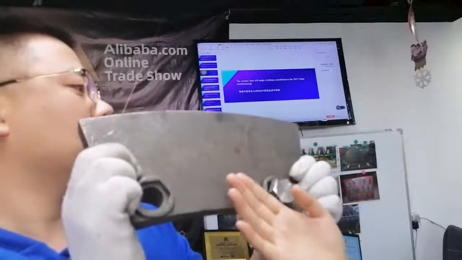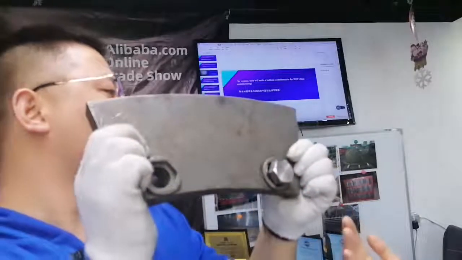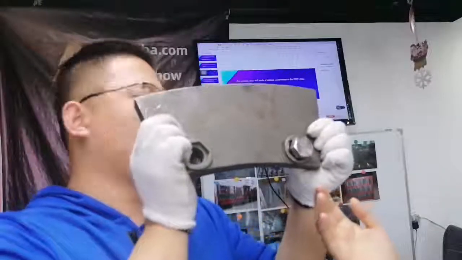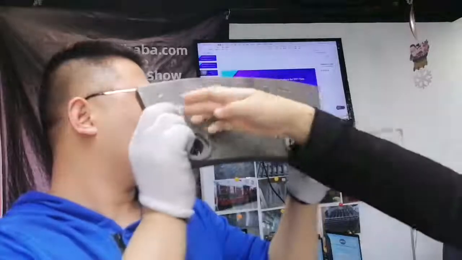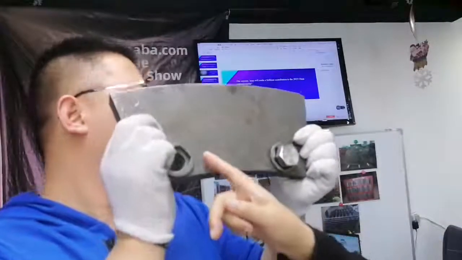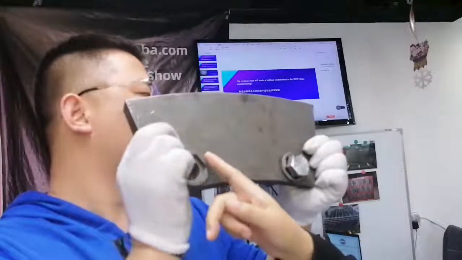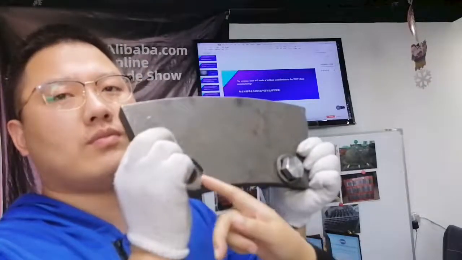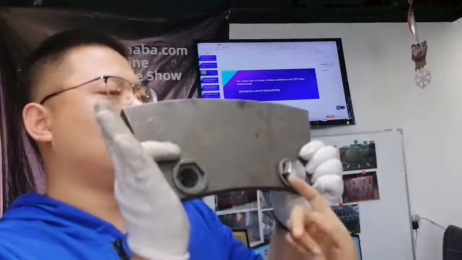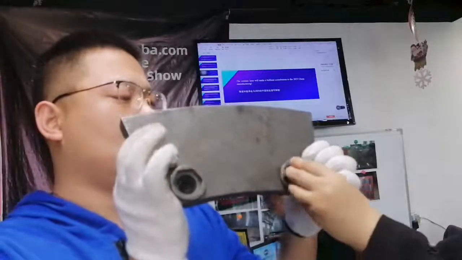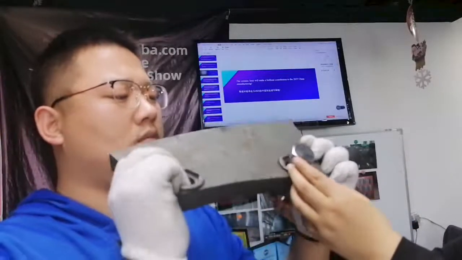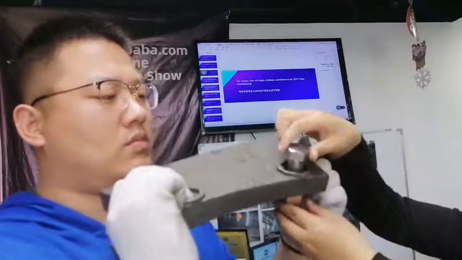It's used in the steel mill, in the screw conveying machines. This is the arc, and this is the hex bolt hole shape. So far, we use these M20 bolts.